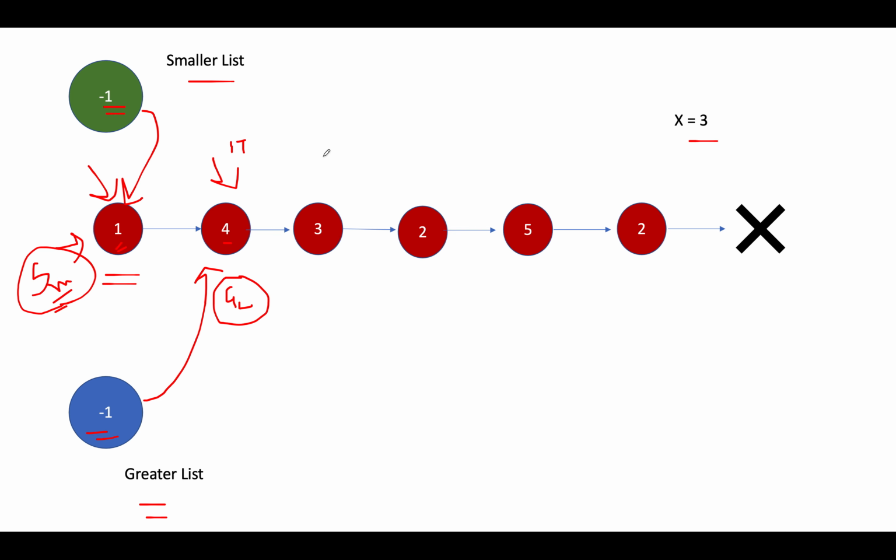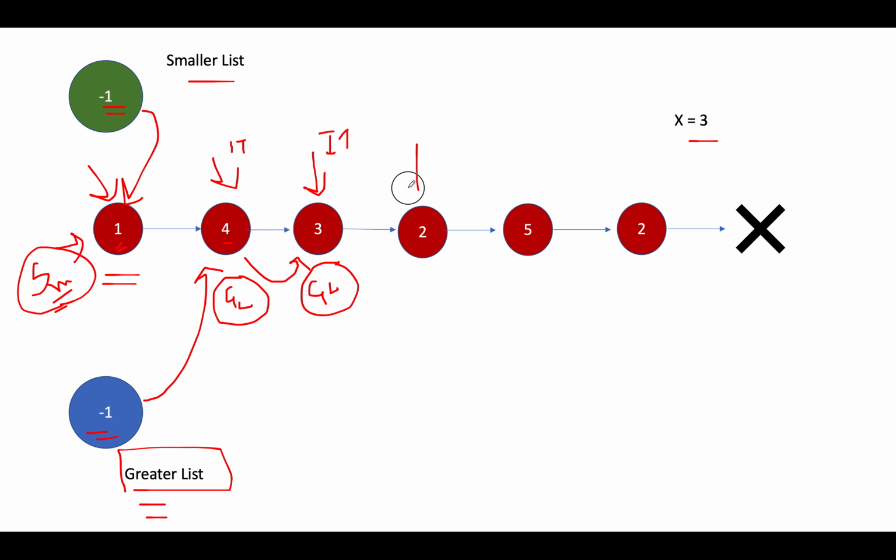Let's move on to the next iteration, and here the value of the current node is equal to that of x. We will assign the greater list pointer to the current node, since we only use the smaller list for the smaller values; greater and equal will be taken care of in the greater list itself. And now the greater list pointer points to this position.